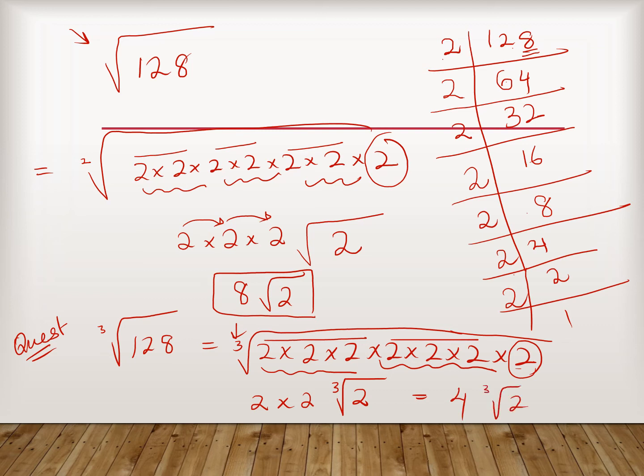I hope that you understood this kind of example, but if not, let's take one more example where all the concepts will be cleared. I have two questions. Question number 1, let's suppose it is the fourth root of 516. It means you have to make groups of 4.